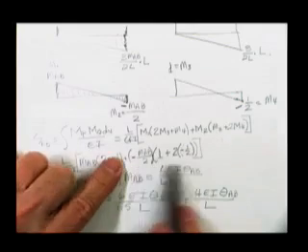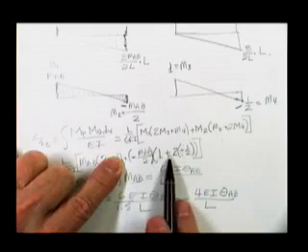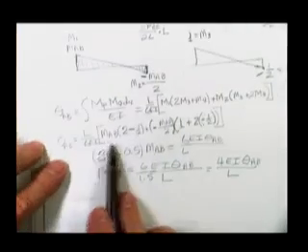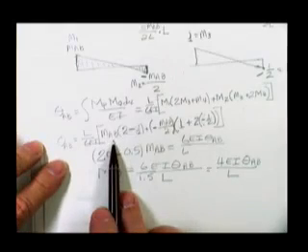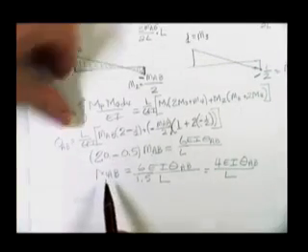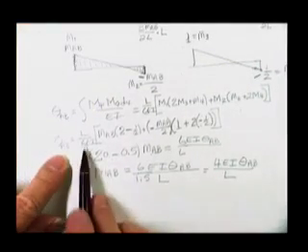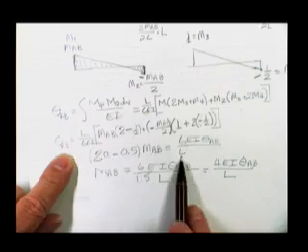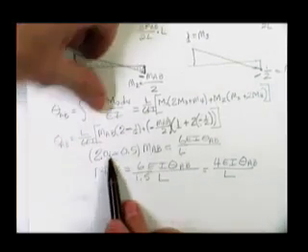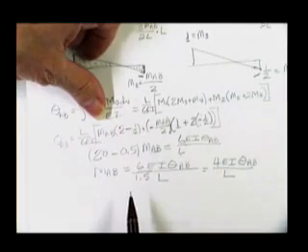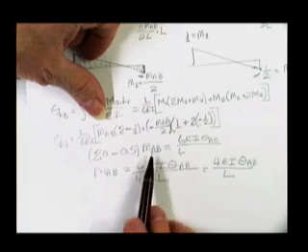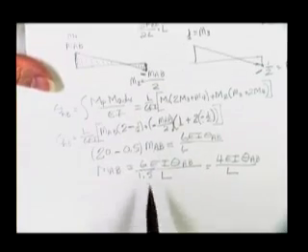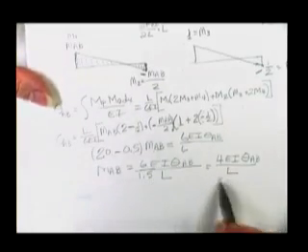And so this term is going to be 0. It's going to be 1 plus a minus 1, so that's a 0. So the only thing I'm going to get is this piece right here. Let me move the 6EI to the other side: 6EI theta AB divided by L is equal to just this piece right here, which is M sub AB onto 2 minus a half, that's 1.5, so divide by 1.5.